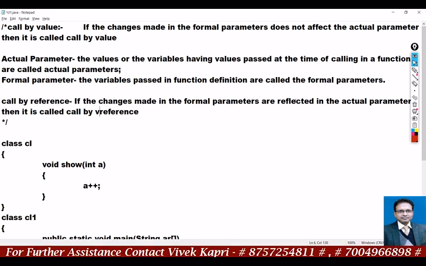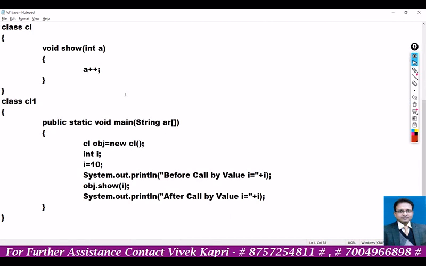Here you can also use the same words, reflect in the actual parameter. This will be better, so that you can easily learn the difference between the two. Does not reflect, call by value. Reflect, call by reference. Now let us see the example.